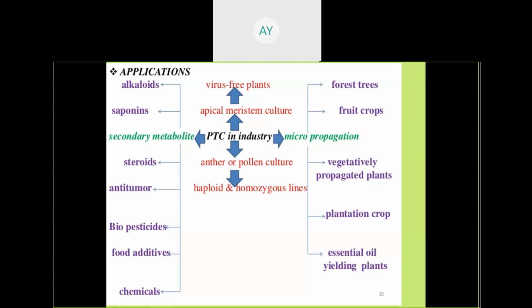So scientists want to optimize the production of this secondary metabolite for utilization of that compound. After extraction of the secondary metabolite from the plant, it is utilized for making different types of medicine and drugs that can be used for treatment of different disease. Okay, so the main focus is production of secondary metabolite.